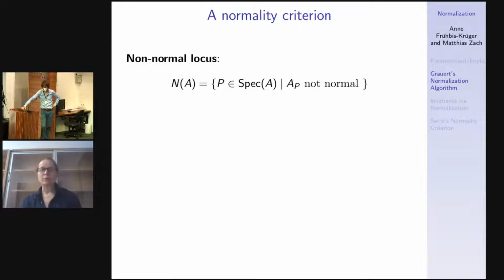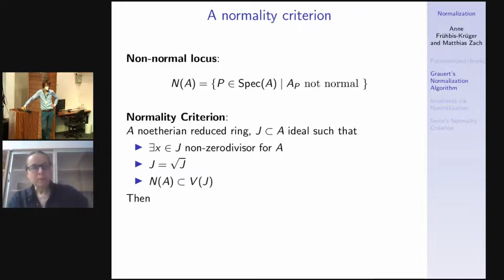If there is just one point where it's not normal, then of course the whole ring is not normal. That means also that we can talk about the locus where it is not normal. We can ask, where is it not normal? And that's the so-called non-normal locus. We'll see later on how to compute it. For the moment, it's just important that we have a notation for it.